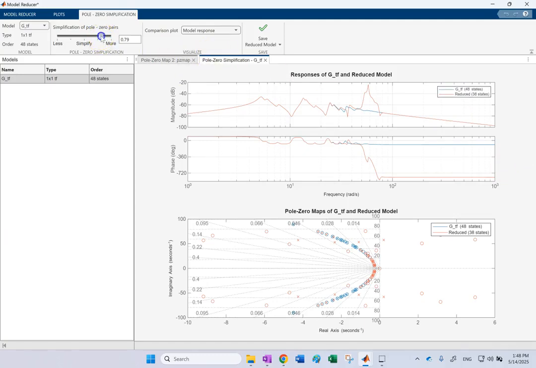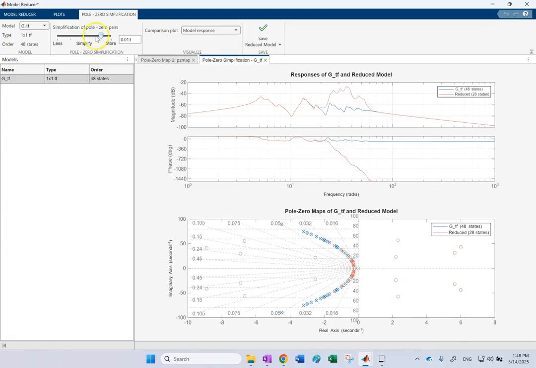Yeah, ideally it should go down, but sometimes you see it's not, and that's why I don't personally use this pole zero closeness. You can do it if you want. That's not my preference. I use the Hankel singular values. That's quite a bit better. But you see that basically I can pick any threshold I want.